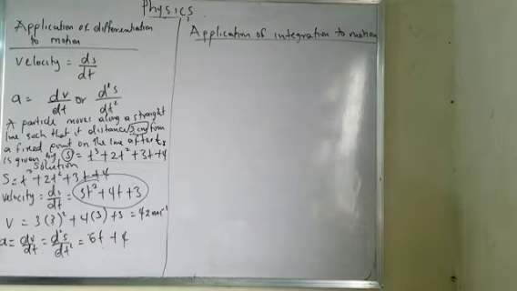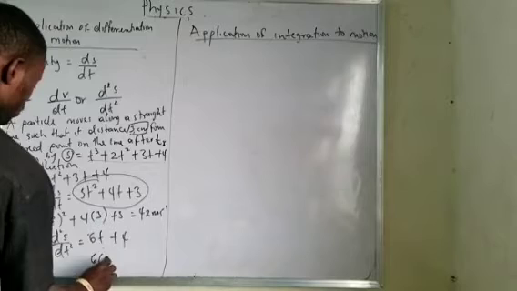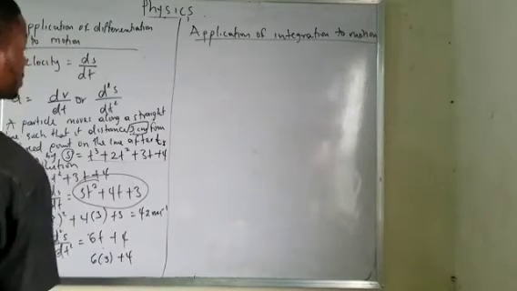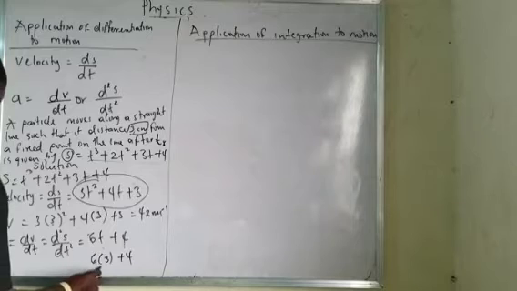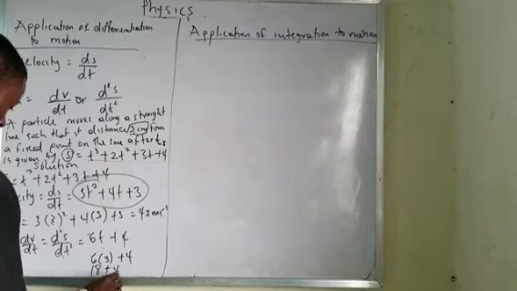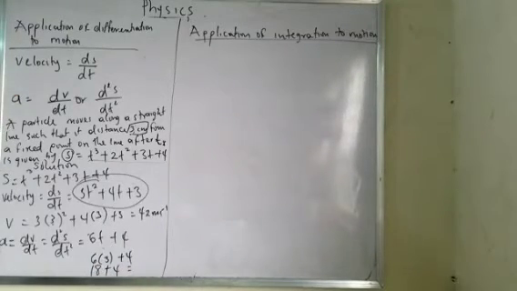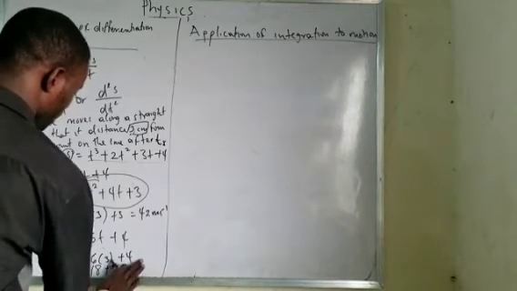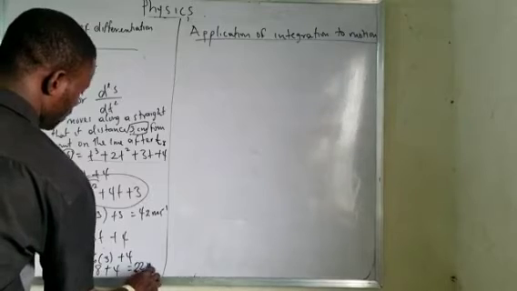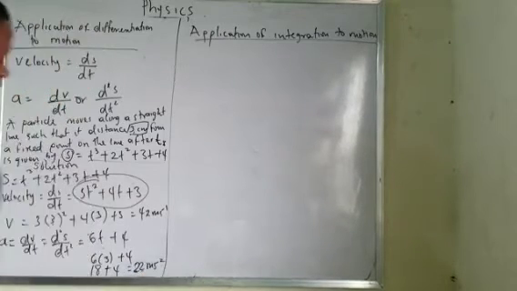That is 6 times 3 plus 4, which is 18 plus 4, that will be 22 meters per second squared. Can you see how it's being done? That is how it is.